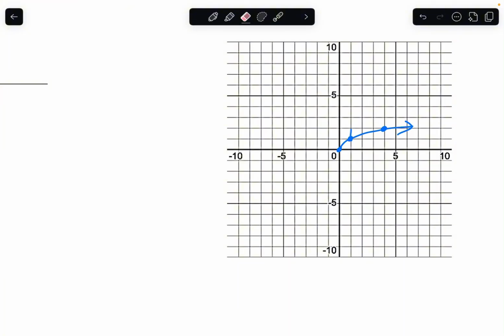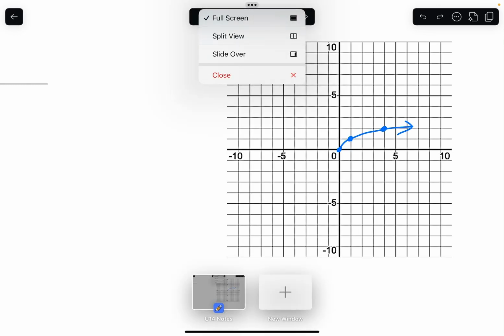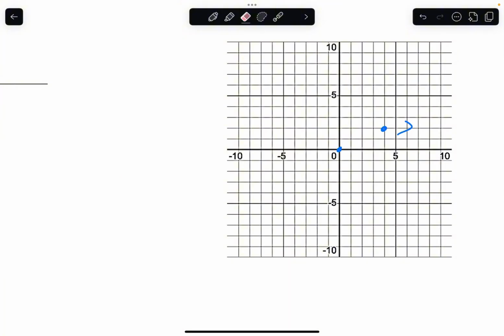And so my horizontal distances are still going to be the 1 and then 3, but the vertical distances are going to be 2 each time. Okay, and so up 2 over 1, up 2 over 3 for that 4. And if you wanted the 9, you would go up 2 over 9 if you want another point. So there's our vertically stretched square root function.